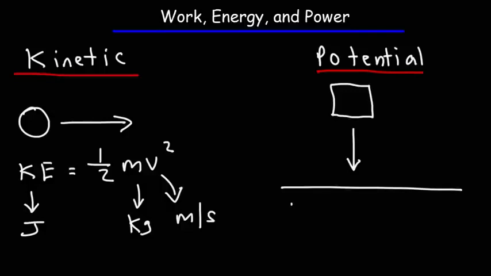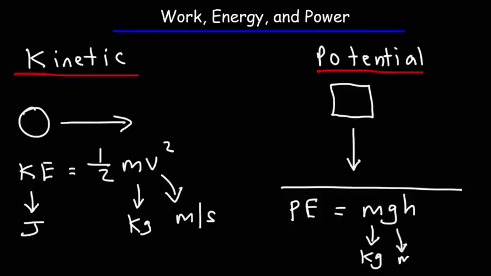Gravitational potential energy is equal to mgh. It's the mass in kilograms times the gravitational acceleration, which is in meters per second squared, times the height, which is in meters. And this will give us the gravitational potential energy in joules.